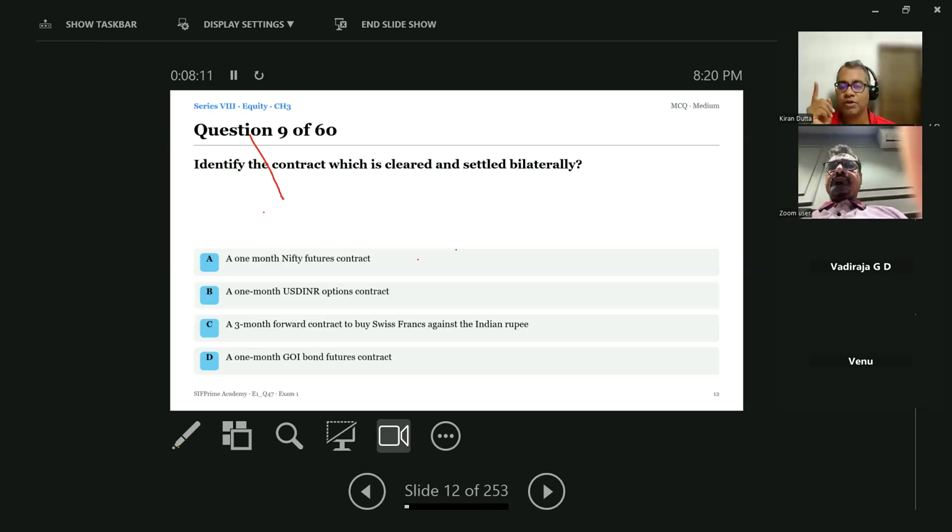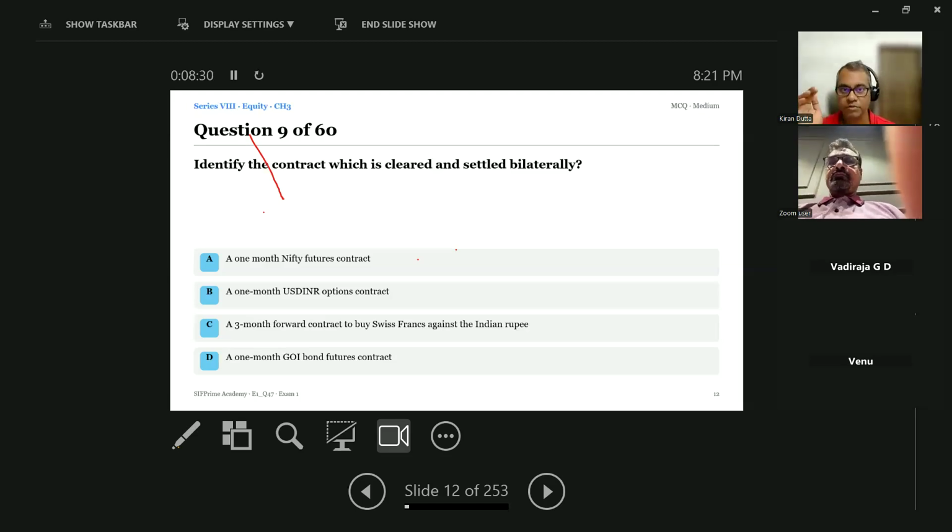What is 1 month USD option contract? It's a currency contract. It's also not settled bilaterally. It is settled on the exchanges. Remove that. Now, third one, interest rate derivatives, GOI bond futures. We studied that. Remove that. So what are you left with? And he specifically used the word forward contract there. That itself is the answer. Got it?